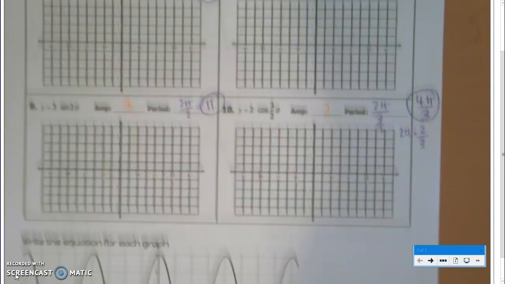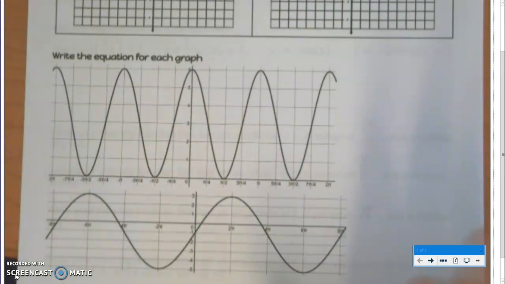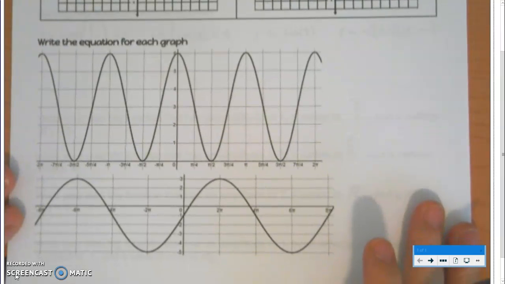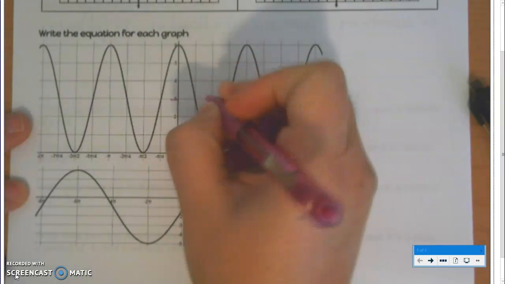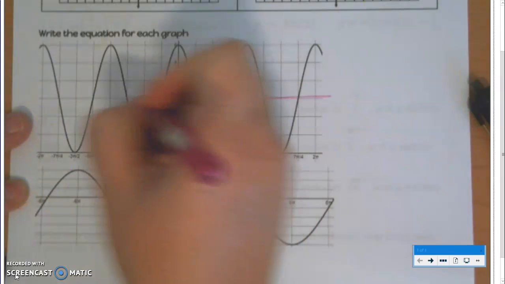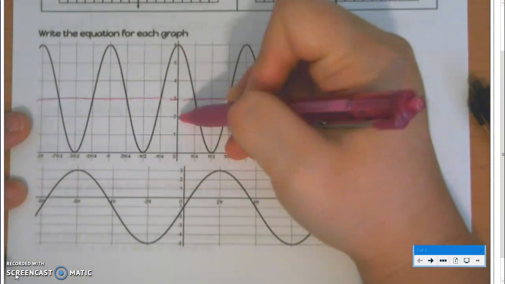All right, so these have to do with actually figuring out the midline. The first thing I do is figure out where the middle of the graph is. For me, it's kind of easy to tell that the middle of the graph is here at 3. 1, 2, 3. 1, 2, 3.